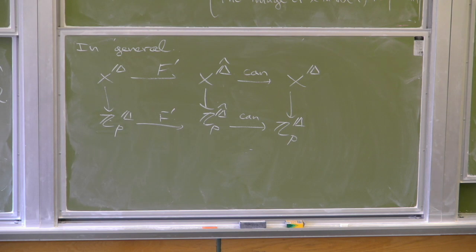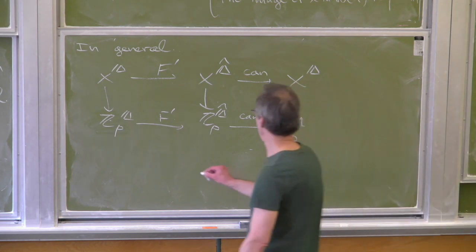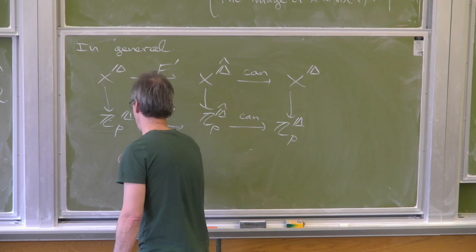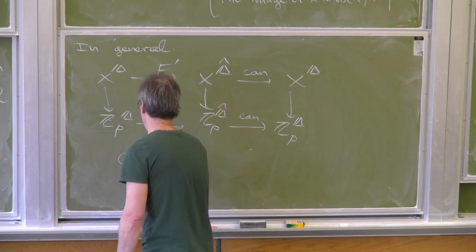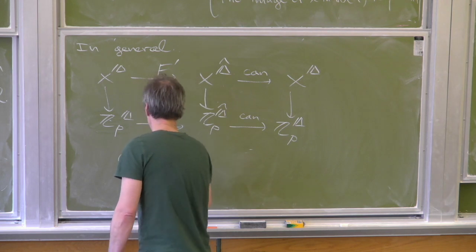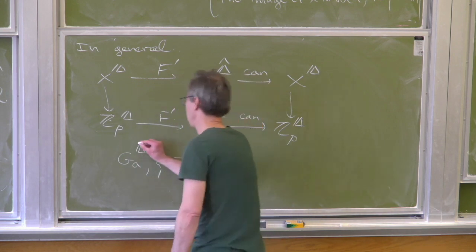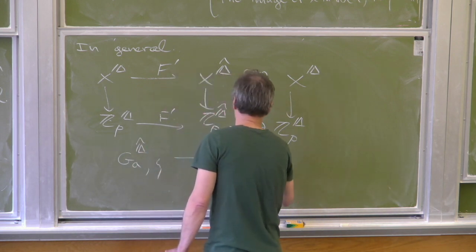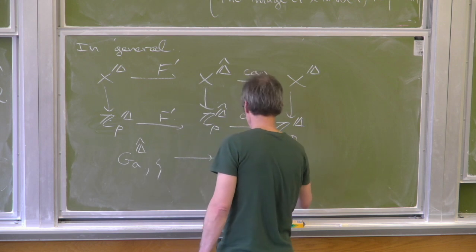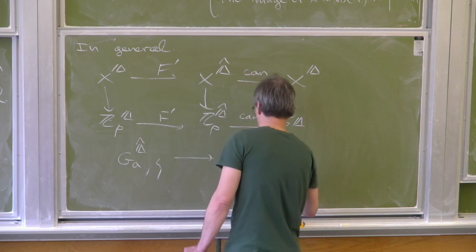So how is it defined? Well, I need to explain to you how to construct a map from G_a sheared prismatized at point C to the usual prismatization. And I didn't tell you what the usual prismatization is, but I will tell you now.